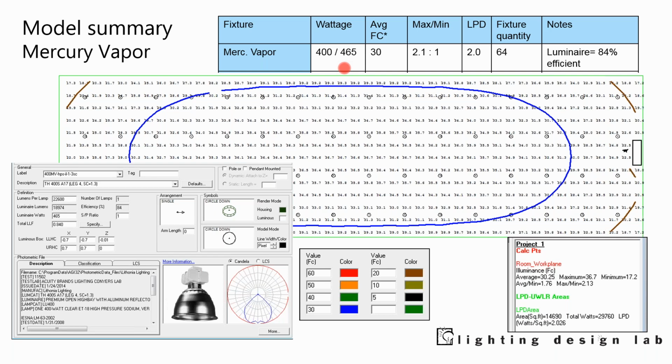There were 64 fixtures that they were looking at. And so the retrofit proposal was one of these LED screw-in high bay types. And so they were looking at slightly more light, 35-foot candles, maybe, 0.7 watts per square foot. So they cut the power in more than half.